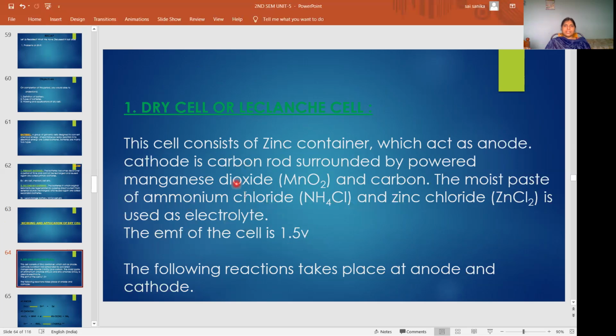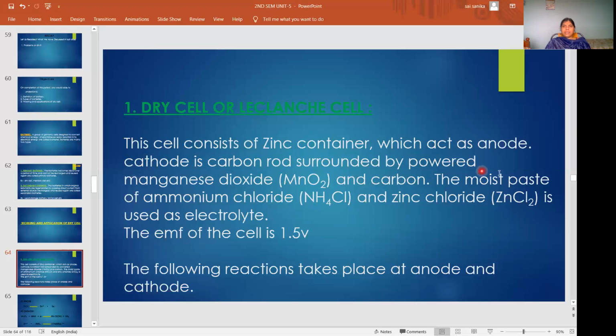Very simple. Here we are using a zinc container, and this container itself acts as the anode. Then the cathode is a carbon rod, surrounded by powdered manganese dioxide and carbon.